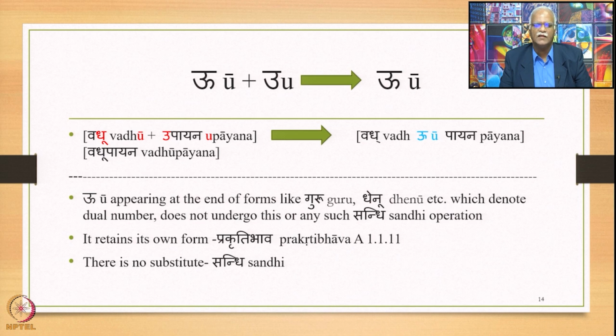They remain in their own Prakriti. So there is Prakriti Bhava. The same thing appears also with long E, and the same thing also happens with long U, both denoting the dual number. Idud et dvivachanam pragrihyam, that is 1-1-11. And that is why we don't have other examples of this particular template of this kind.